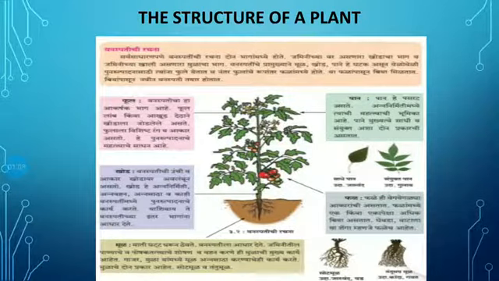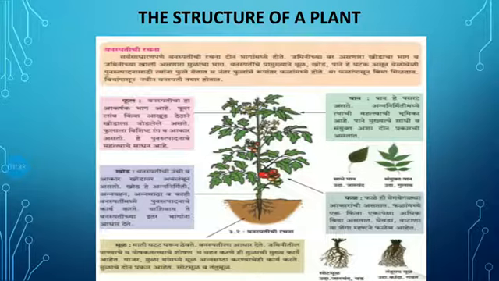The name of the topic is the structure of a plant. So in the structure of a plant, see, plant structure can generally be divided into two parts: the stem, which grows above the ground, and the root, which grows below the ground surface.